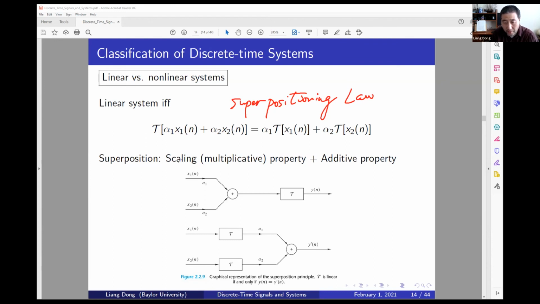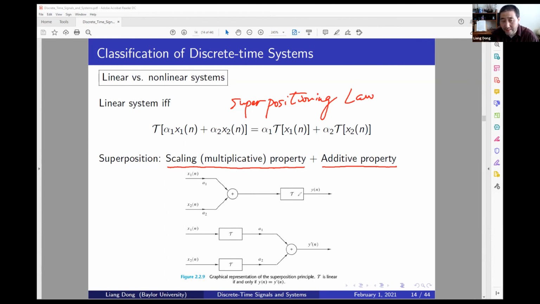So the superposition law includes two parts, the scaling (multiplicative) property and the additive property. So we see this using the block diagram. Now this is a combination of two signals, x1 weighted by alpha 1, add x2 weighted by alpha 2, and then this combined signal goes through my system and gives me y[n].